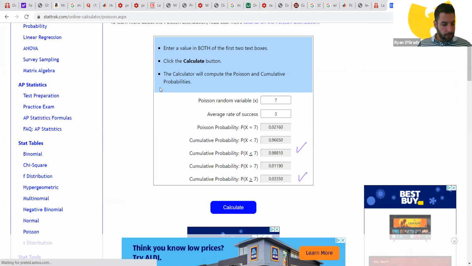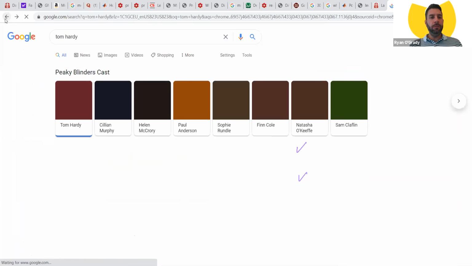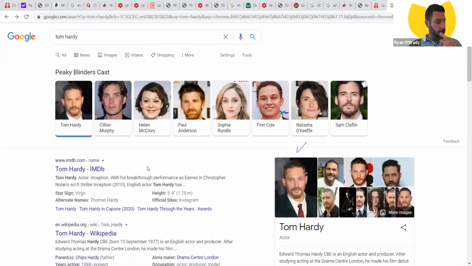Anybody have any questions or comments? I have a question. Yes. Who's Tom Hardy? Yeah, that's funny. So we were talking in the last class. Let me go back. I watched this movie on Monday night, and I couldn't remember who was in it. I was like, it's Tom, he's a famous actor, and we couldn't remember.